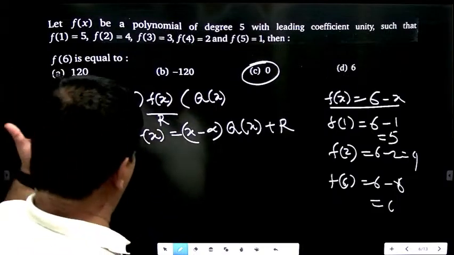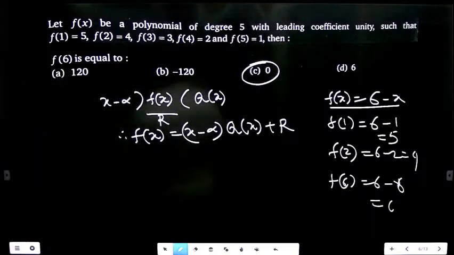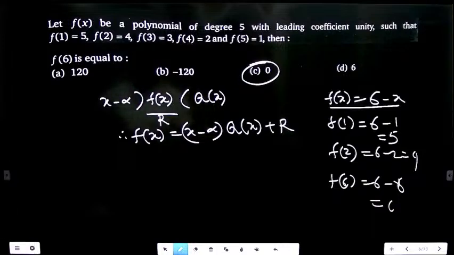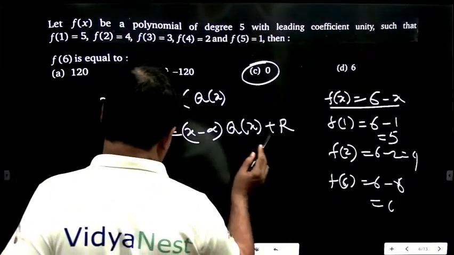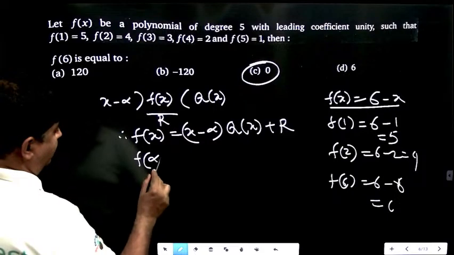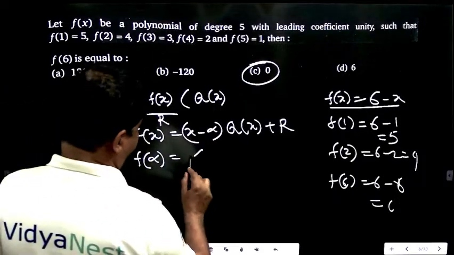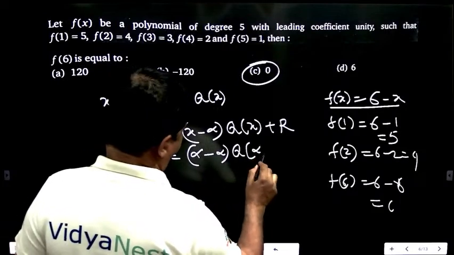Then what is the correct answer? How to get the correct answer? So, directly we are getting 0, which is already provided by the question. Then how to proceed? What will be the procedure of this sum? See, if I put x is equal to alpha, so alpha minus alpha q alpha plus r.